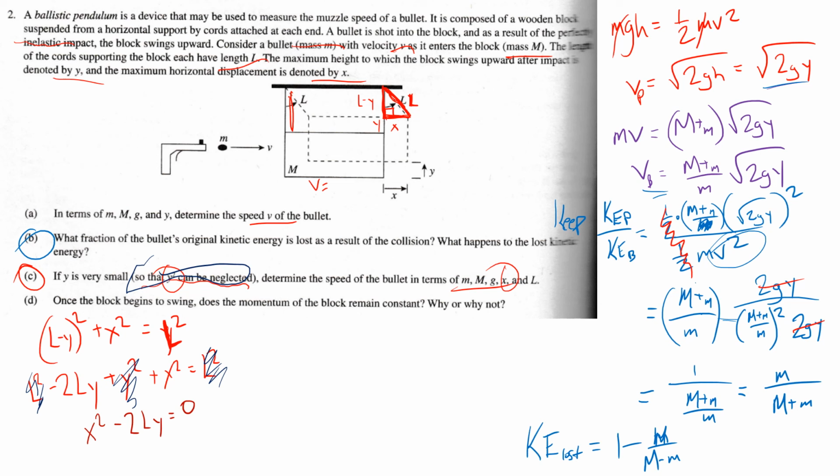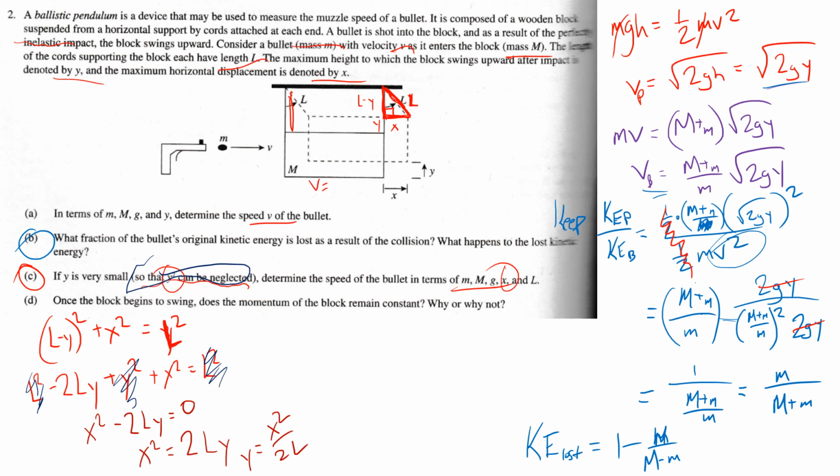Now, it doesn't say y can be neglected, so just y squared. So let's solve for y here. So x squared is equal to 2Ly. So far, so good. And then y is equal to x squared over 2L.